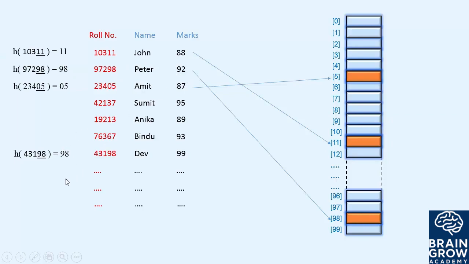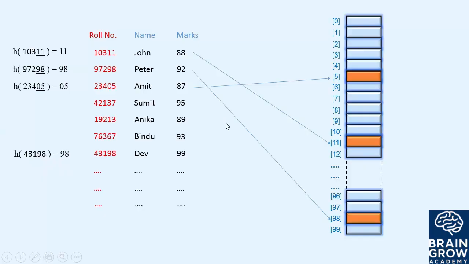So now the problem is where to store this record. This problem occurred because our hash function generated the same address for these two different keys. For this key also it generated 98, and for this key also it generated 98.